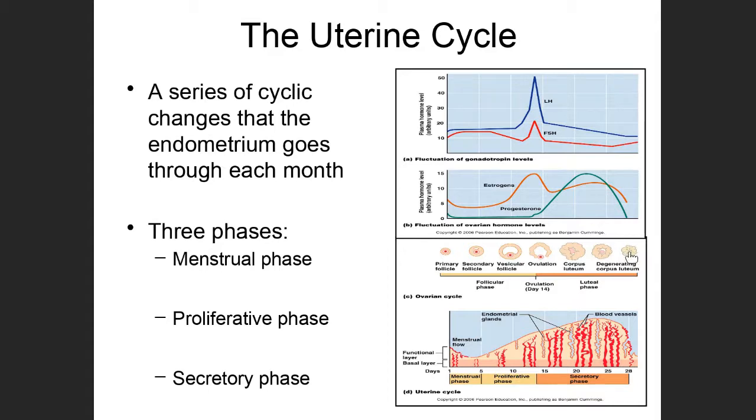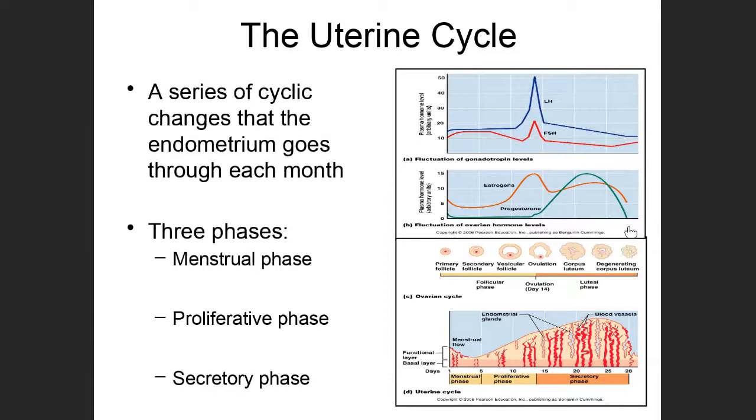So when it starts to degenerate, we're going to see a decrease in estrogen and progesterone levels because it's no longer able to produce them. You'll notice this matches up with a slight increase in luteinizing hormone and follicle stimulating hormone because as these hormones decrease, they're no longer providing negative feedback on luteinizing hormone and follicle stimulating hormone, and those hormones start to increase.